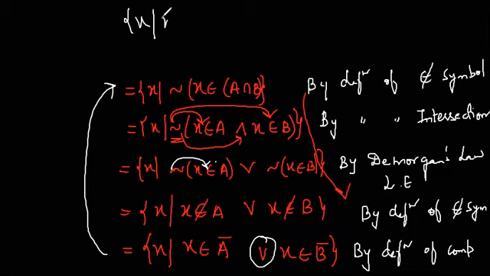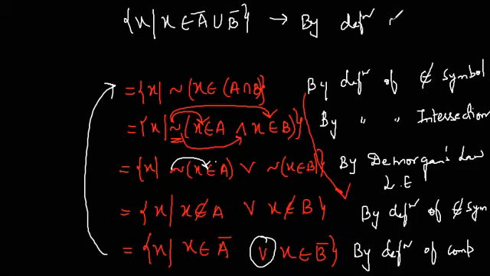Now again, X belongs to A bar union B bar. This is by definition of union. So the last step was here, union. We are just replacing the or by union, and by using set builder notation, this will be equivalent to A bar union B bar, or A complement union B complement.